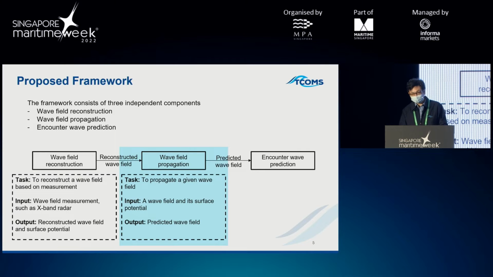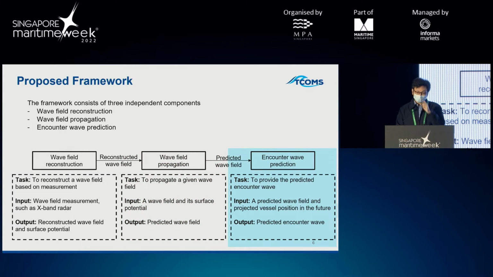This information will then be passed to the third component, which is encounter wave prediction. For this component, the idea is that it knows the predicted wave field at our vessel, and then it anticipates where the vessel will be in terms of its pathway, and based on that, it can evaluate the wave field at the positions where the vessel will be.